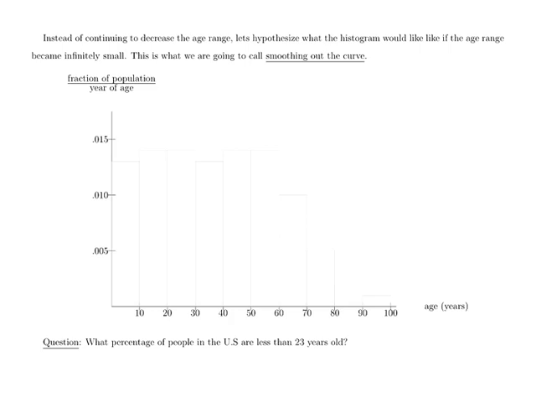So instead of decreasing the age range further and further, we're just going to hypothesize what this curve is going to look like. So I'm going to draw a possibility of this curve. It's going to match up about with the tops of those bars that we found in the 10-year age gap. So maybe something like this.